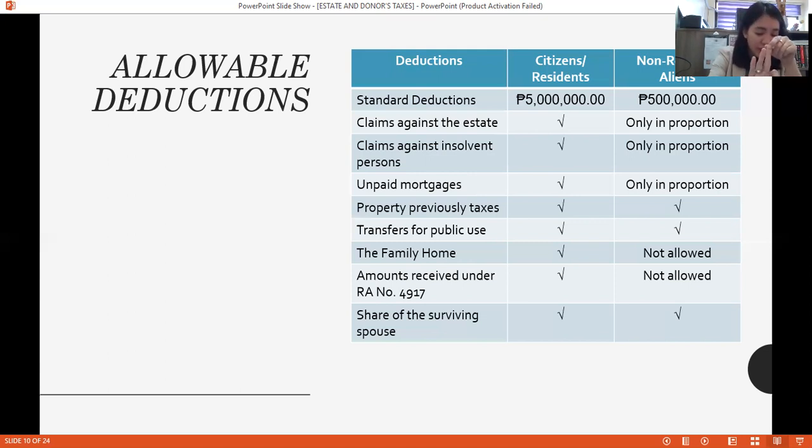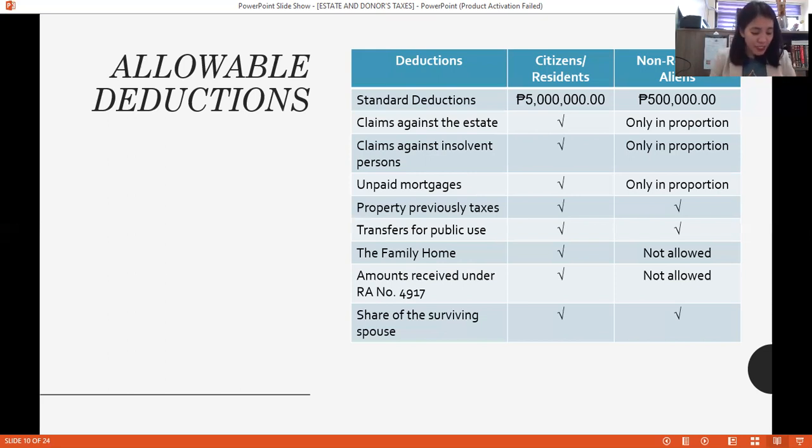But under this principle na property previously taxed, dahil meron nang previous payment ng estate tax, pwedeng malilesen yung liability natin for estate tax dito sa second transfer. Kasi nangyari is within 5 years lang yung sunod-sunod na pagkamatay.